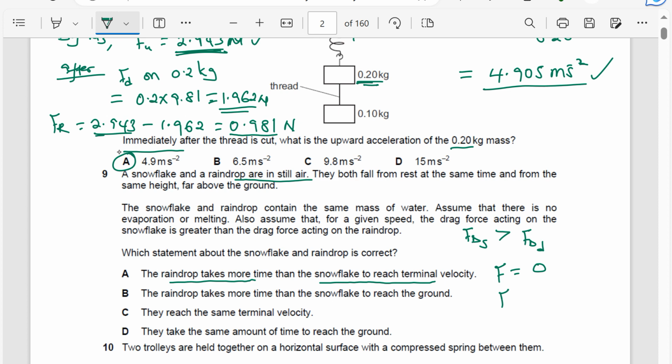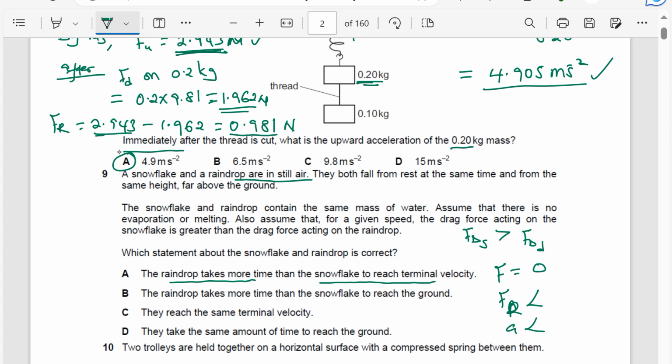Because the snowflake has a greater drag force than the raindrop, its resultant force is going to be less, and that means its acceleration is also going to be less.